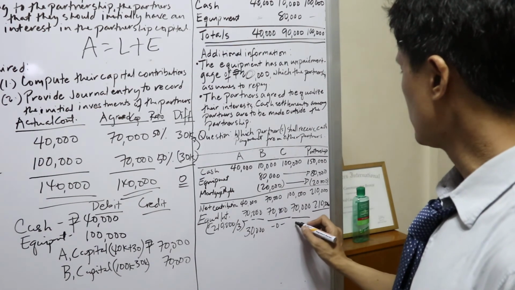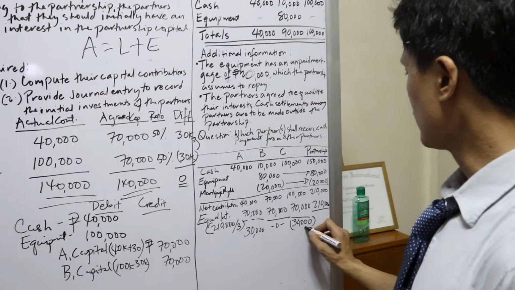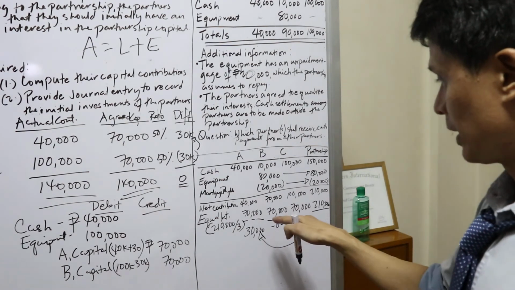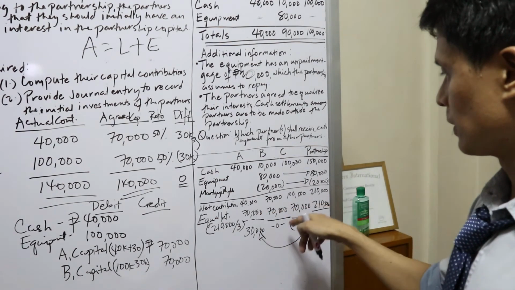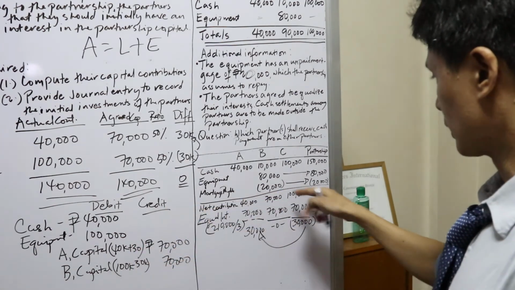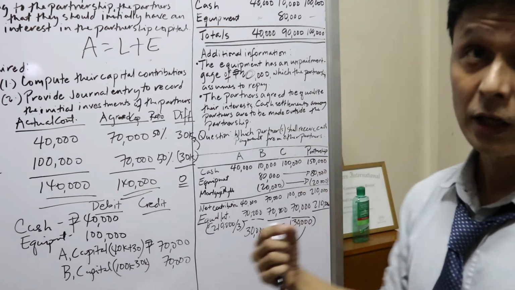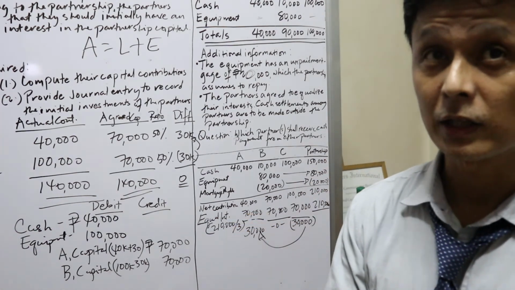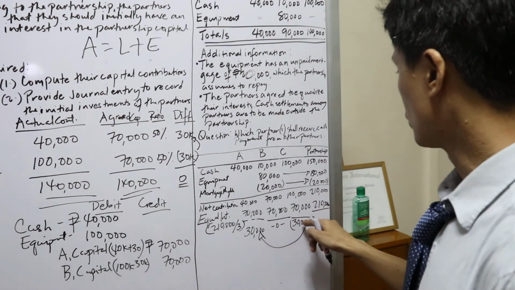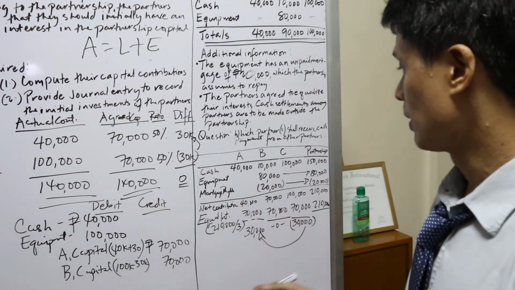And yung kay C meron siyang 30,000 na ibibigay dito kay A para doon sa agreement para mag-equal kasi 70, 70, 70 sila. So yung difference ang talagang binigay ni C is 100,000 although he's only credited for 70,000. So yung sobra ibibigay niya kay A para maging 70,000.